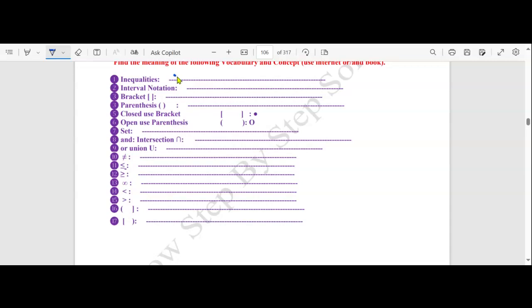Like what? Not equal, less than or equal, greater than or equal. That's called inequalities. So this means not equal, right? This is less than or equal, and so on. So you need to fill this in your own time, okay?